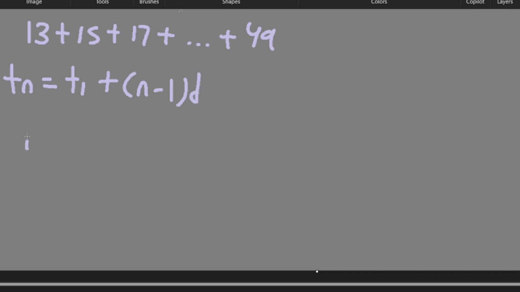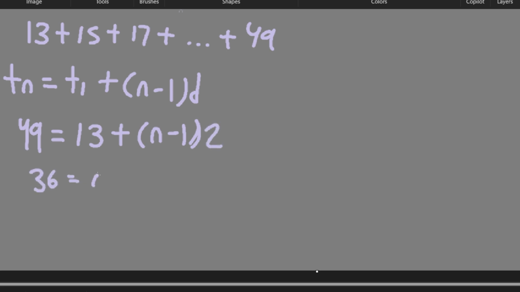Let's input 49 for Tn. 49 equals 13 plus n minus 1, and the common difference here is 2. 36 equals n minus 1 times 2, divide 36 by 2. You get 18 is equal to n minus 1. And then plus 1. 19 is equal to n. So that's the number of terms you have in the series.